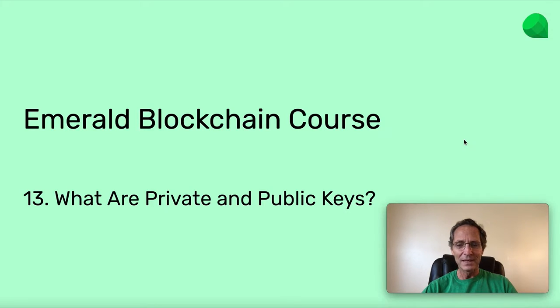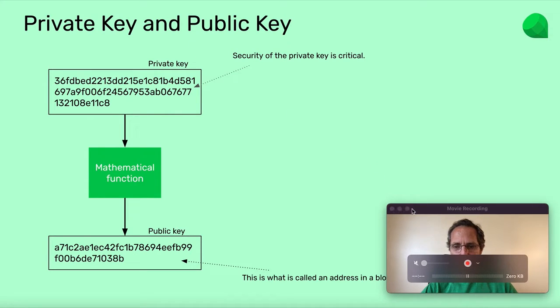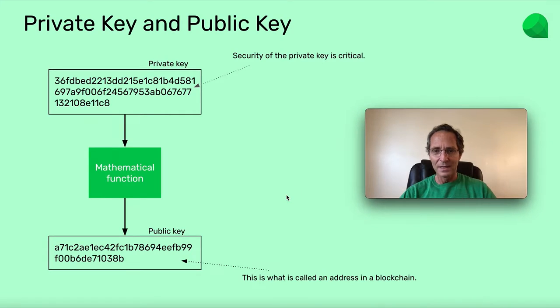What are private and public keys? As I mentioned in previous classes, blockchains use private key cryptography or public key cryptography, and that is a combination of a private key and a public key.